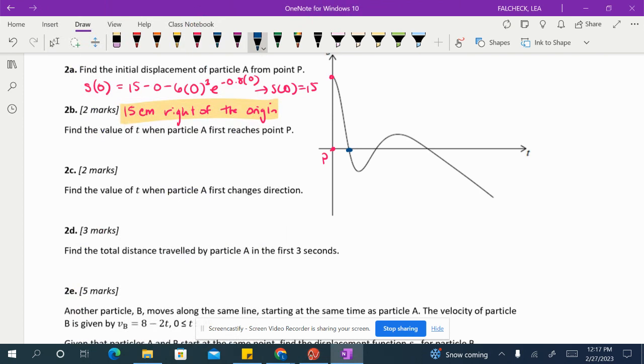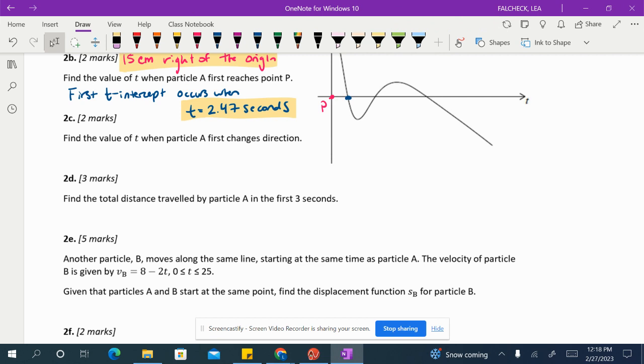That's when the first t intercept occurs, when t is equal to 2.47 seconds.